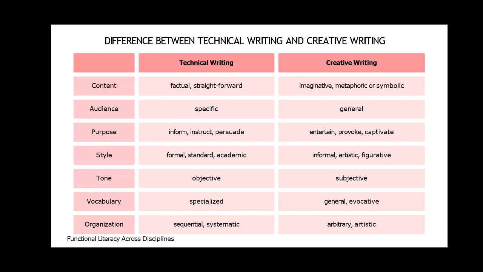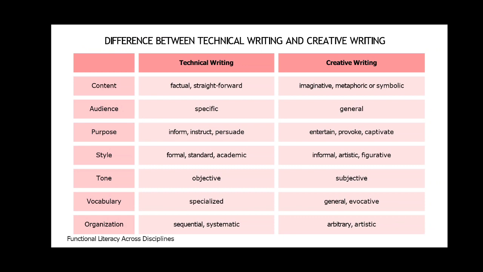So, for content, technical writing needs to be very factual, needs to be straightforward, needs to be very informative. With creative writing, it's the opposite, as creative writing is a work of fiction, very imaginative. It uses metaphorical or symbolic elements.